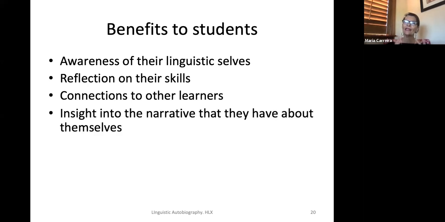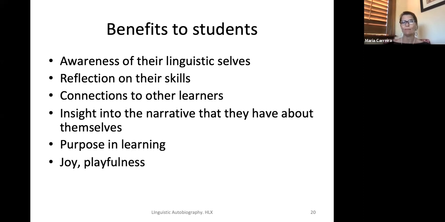They gain insight into this narrative that they have about themselves as bilingual and bicultural Americans. They gain purpose in learning. If you ask prompts that relate to this notion, they start to think about, well, why am I studying Spanish? Why is this important to me?